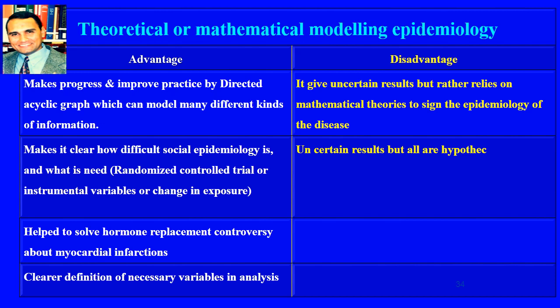It makes clear how difficult social epidemiology is and what is needed, such as a randomized controlled trial or instrumental variables or a change in exposure. It also gives clear definition of necessary variables in analysis. It helped to solve the hormone replacement controversy about myocardial infarctions.